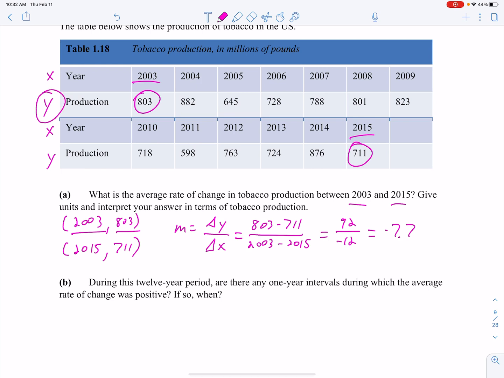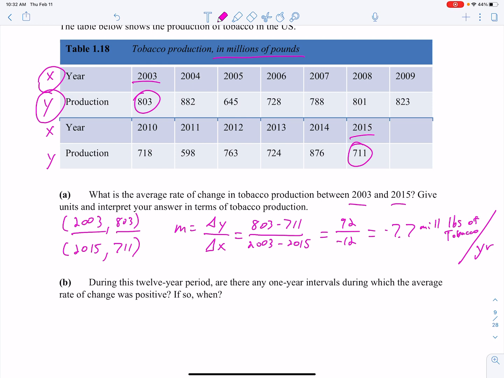All right, so delta y over delta x. Remember, y is production and x is years. So let's see, production is millions of pounds of tobacco. So negative 7.7 million pounds of tobacco per year.